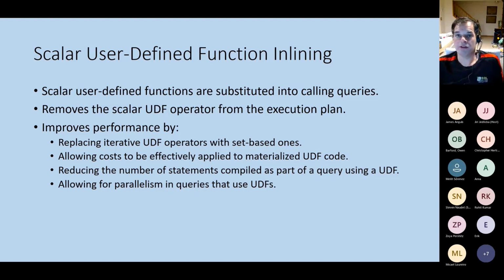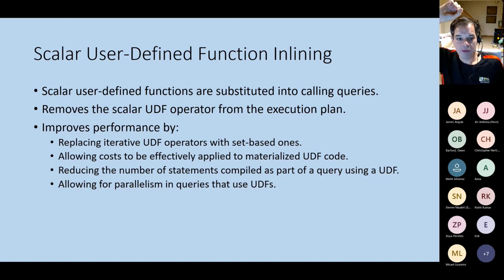People write code iteratively because when you write application code, iteration makes more sense. In the database world, it doesn't. Under the covers, it's the same way with scalar UDF inlining, in that it basically makes things that were once iterative into set-based. Then all those costs can be more effectively applied. So not only is this more efficient, but SQL Server can make better plan choices as well.